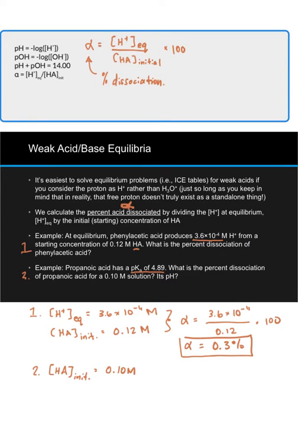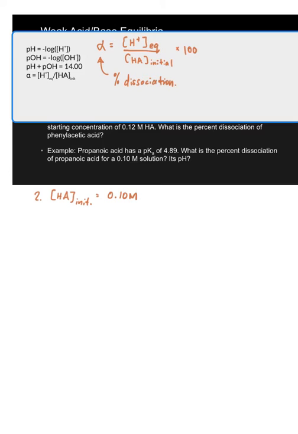Well, we just described on the previous slide that if we want to know something about H plus cations, we can write down an equation that shows us equilibrium for any old weak acid. So let's write out what the equilibrium ought to look like for this weak acid, propanoic acid, in question number 2.